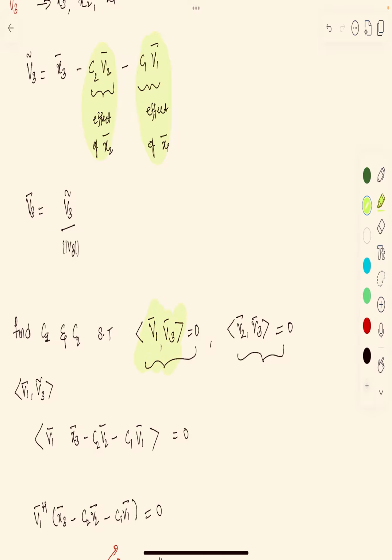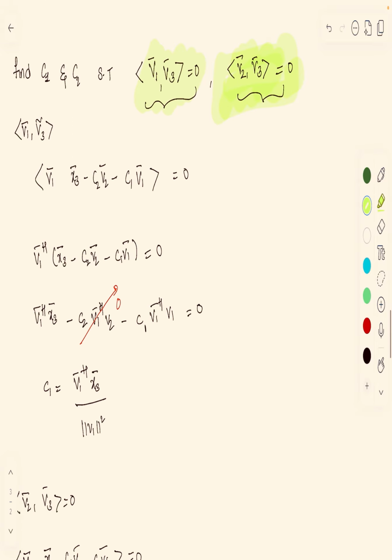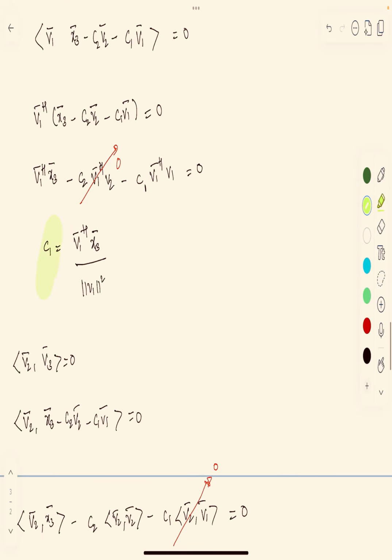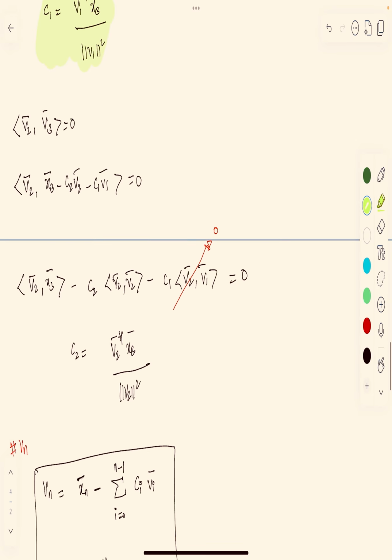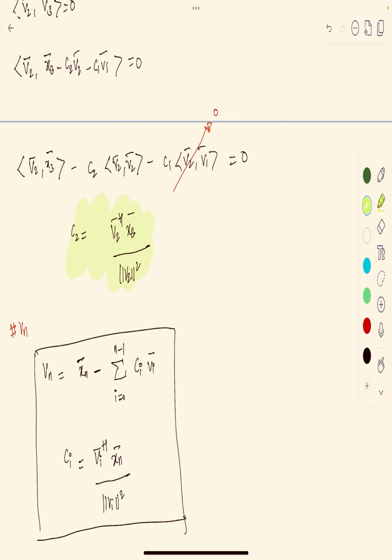Now we have two constants and two equations, because v3 has to be orthogonal to v1, and v3 has to be orthogonal to v2. Two equations, two unknowns. We have solved it, and we figured out c1 and c2.